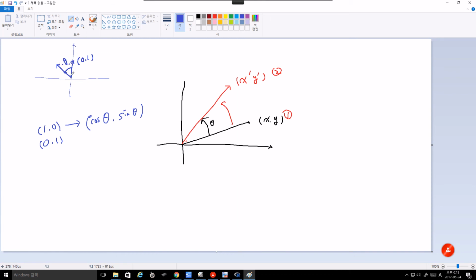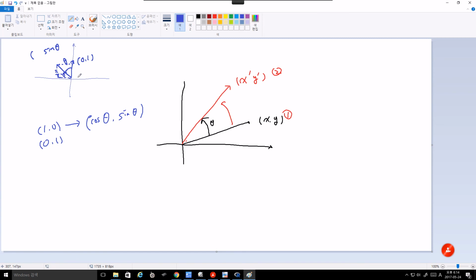Because this is theta, this height is straightforward. This height is sine theta. And this line is of course theta. So this is 2 pi minus theta, right?